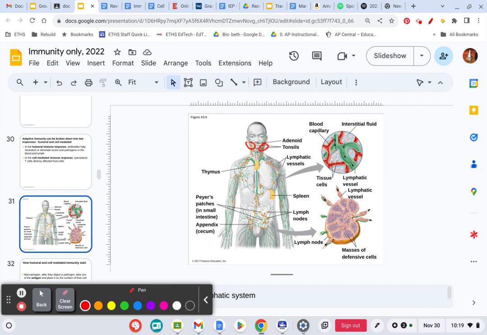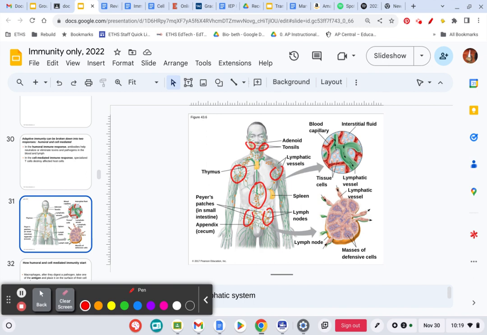But there are also lymph nodes in the armpits, in the groin area, and also below the lungs. And those are the collection areas. So they will collect the lymphatic fluid as it fills up with destroyed or damaged cells from the infection.